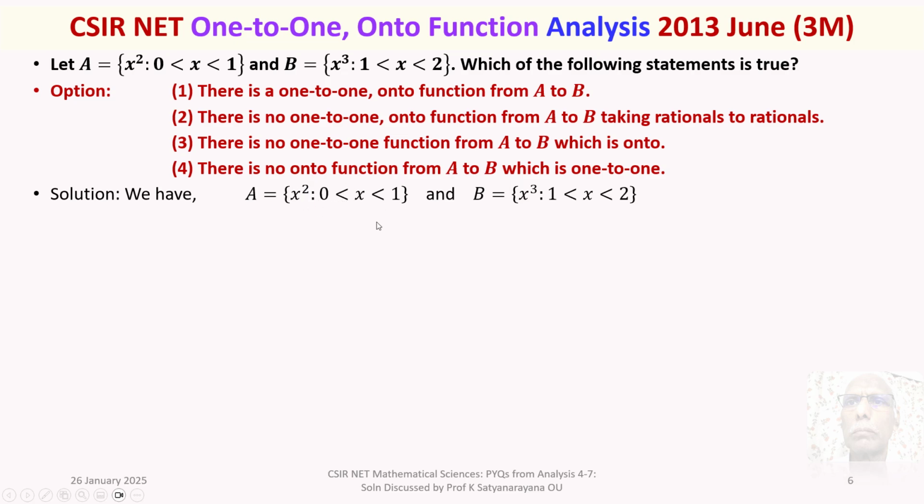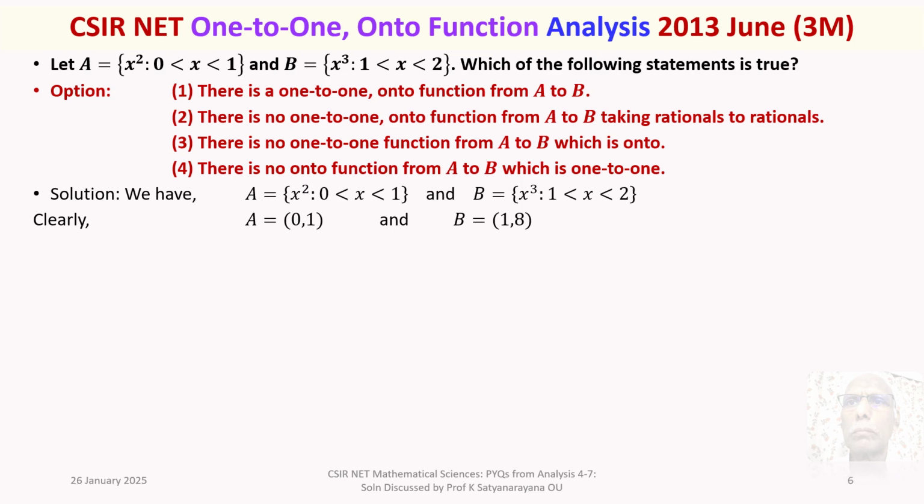That is the open interval 0 to 1. So, clearly, A is the open interval 0 to 1 and B is the open interval 1 cube comma 2 cube, that is 1 comma 8. Both of them are infinite sets. Both of them are open sets.